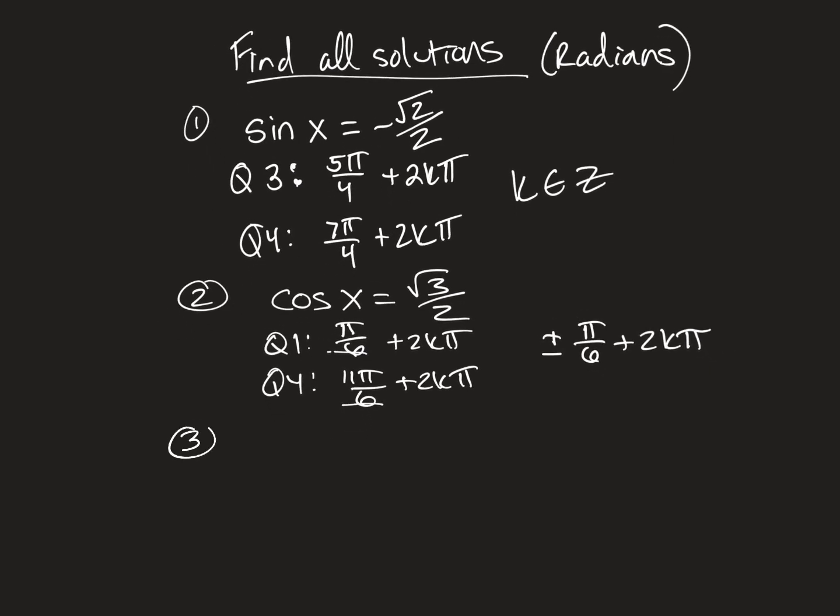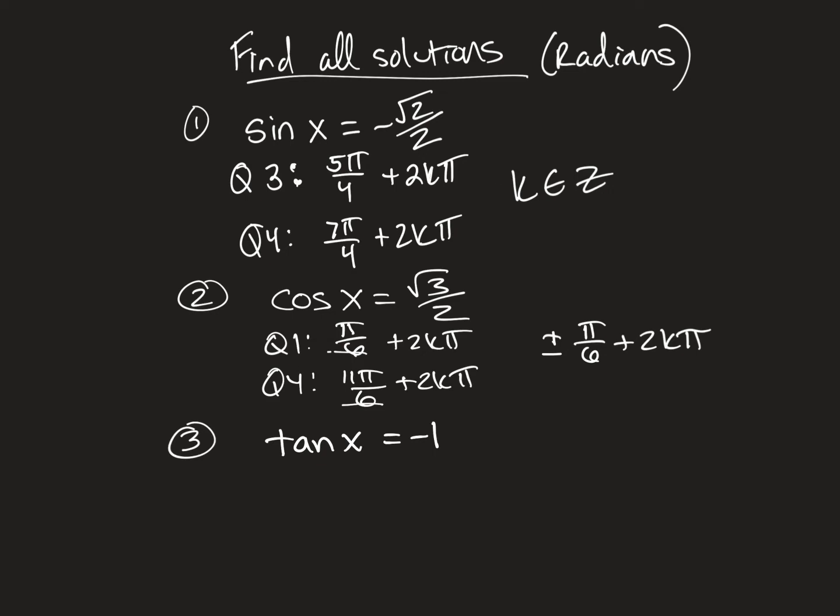Let's say tangent of x being negative 1. All right, again, tangent is 1 and negative 1 when the reference angle is pi over 4. And tangent is negative in quadrants 2 and 4.